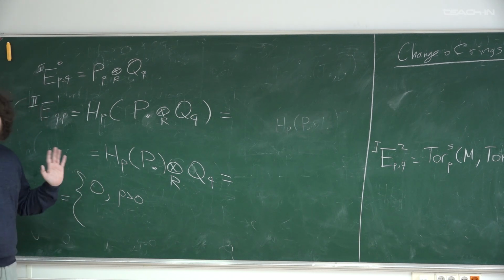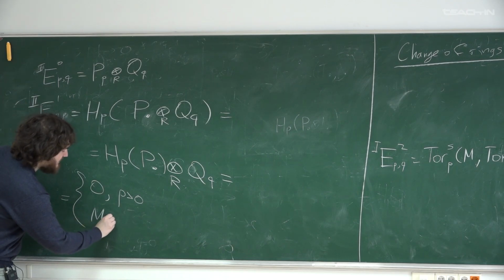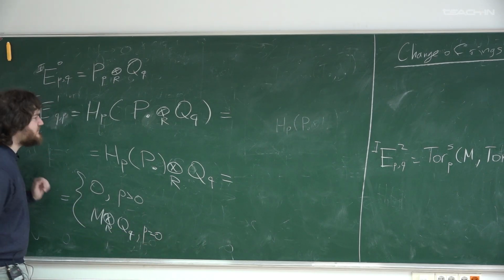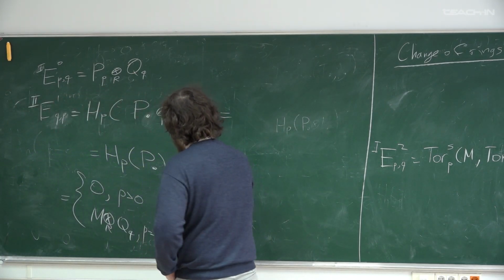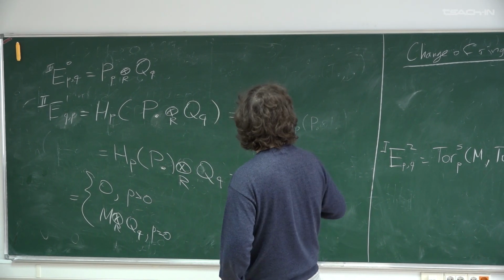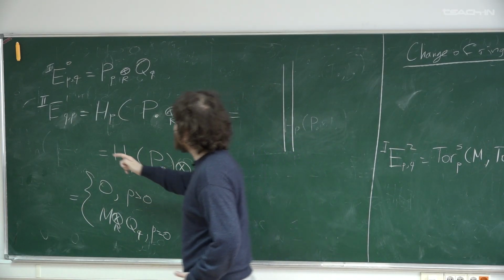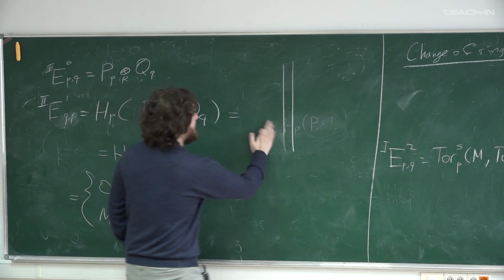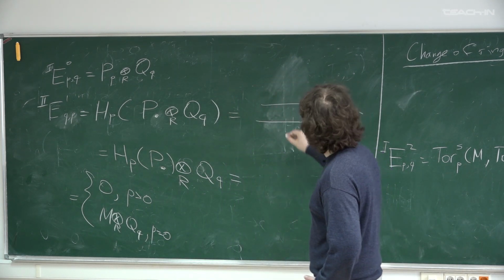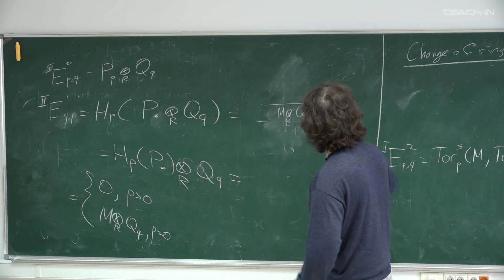And M tensor Q if P is 0. Now P is the number of the row. I have only one non-zero row, and in this row I have M tensor Q. The other differential is horizontal.